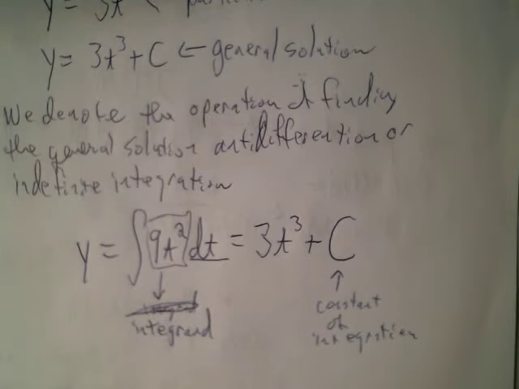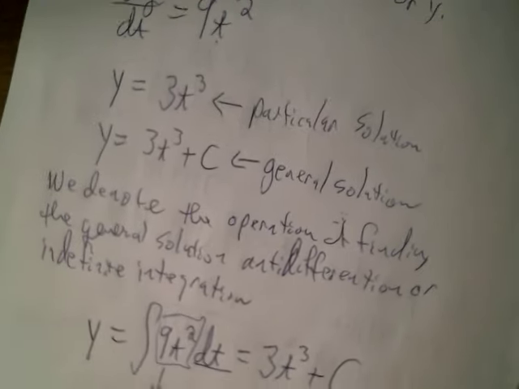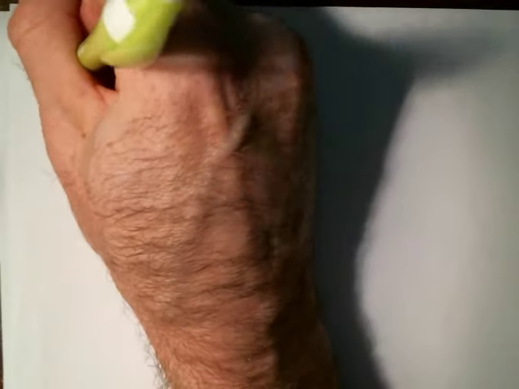Okay, so if you know the derivatives, you already know a lot of integrals. Okay, we're going to go through and we kind of have to learn all the rules for integrals, just like we learned the rules for derivatives. Okay, so we begin with the basic integral rules.